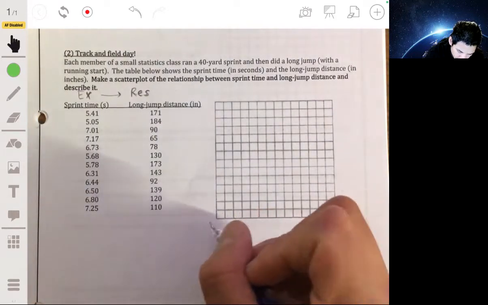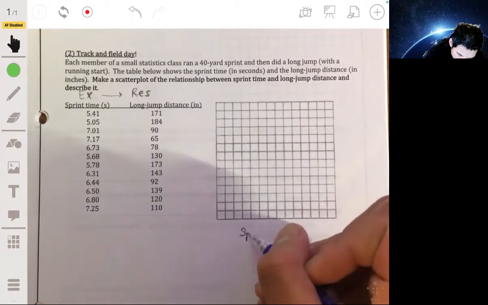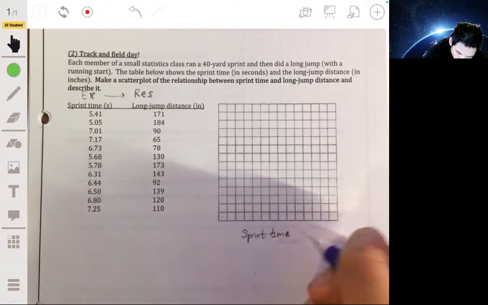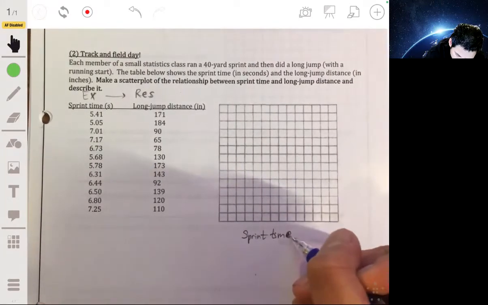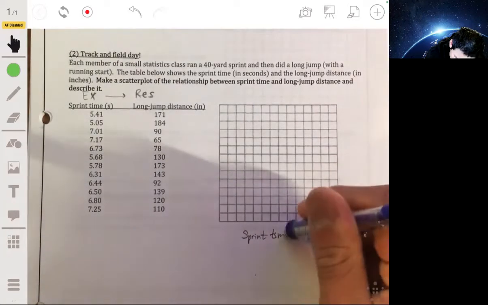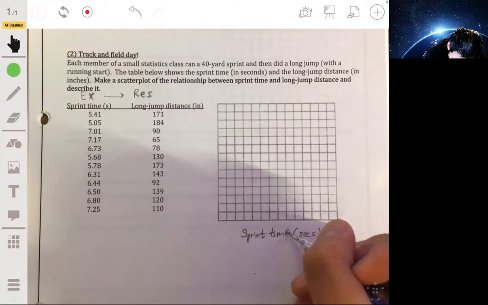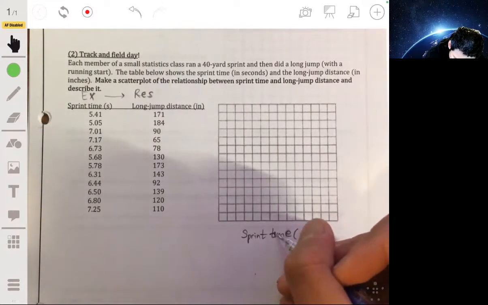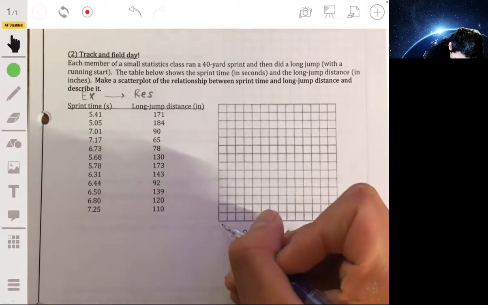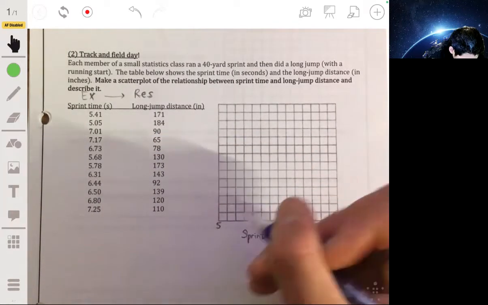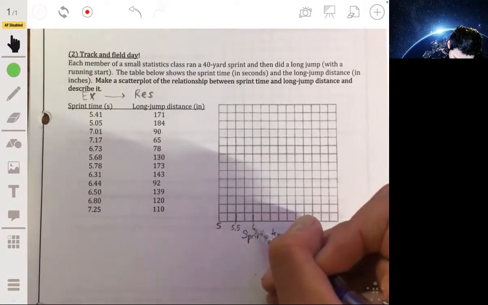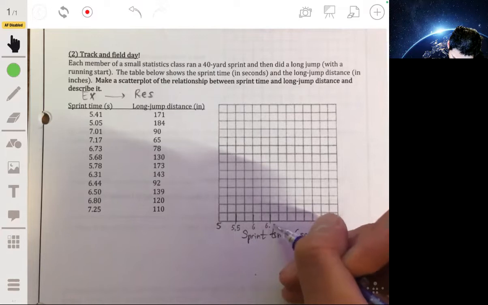Okay, so let's have sprint time on the horizontal axis, and make sure you indicate the units of sprint time in seconds. I'm going to start at 5 and then go by 0.25. Use what would make the best sense.